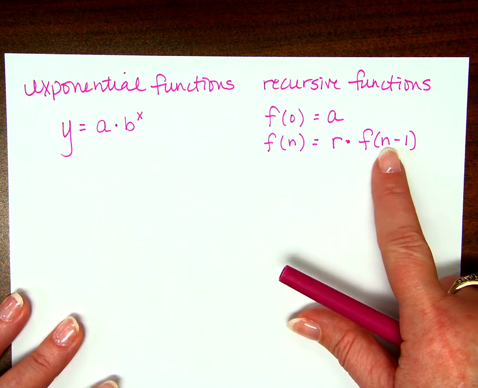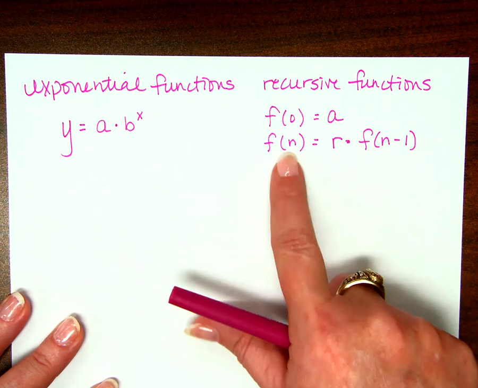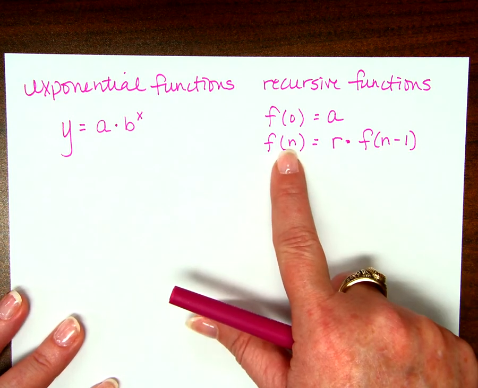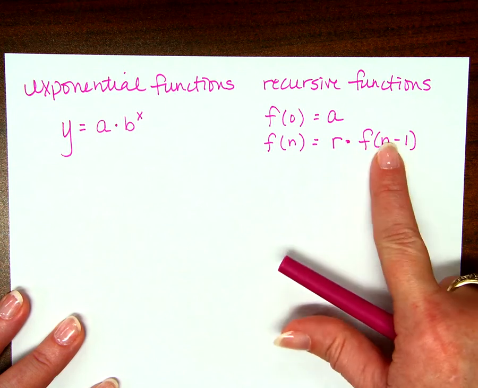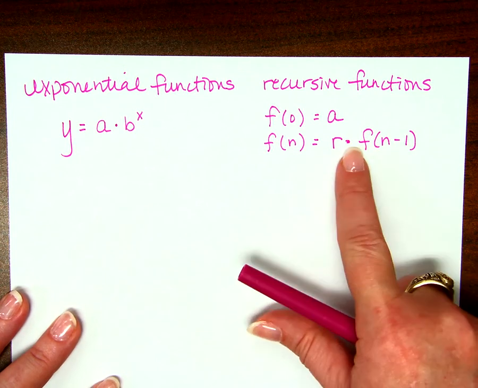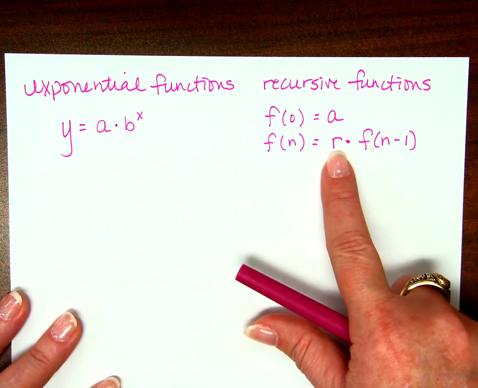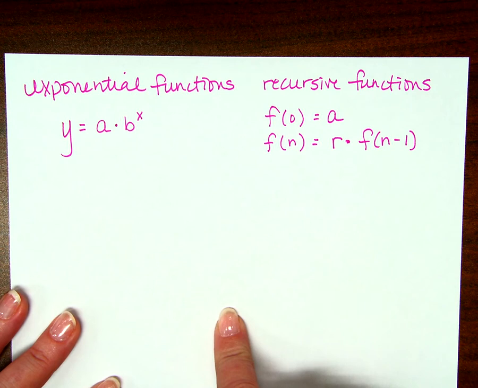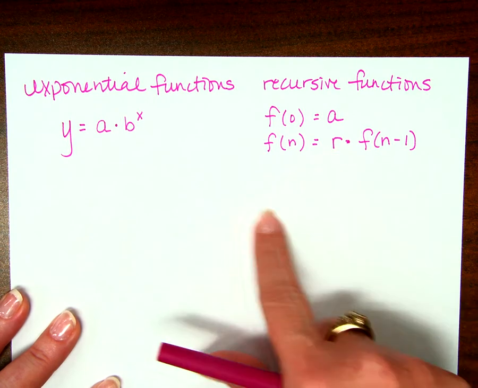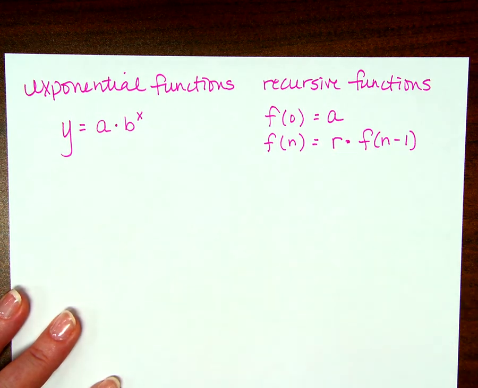Isn't that the term right before it? If I was trying to find f of 5, the fifth term, wouldn't this be the fourth term? So I just need to know the term before it and multiply it by the common ratio, right? Guys, does that make sense? It does, doesn't it, right? Because if you're thinking about a table, if we're going down a table, we just multiply by the common ratio to get the next term down the table, don't we?